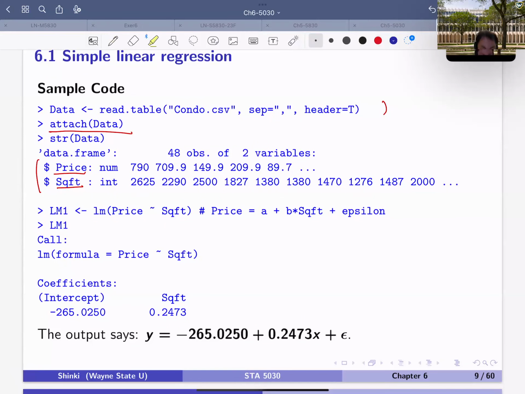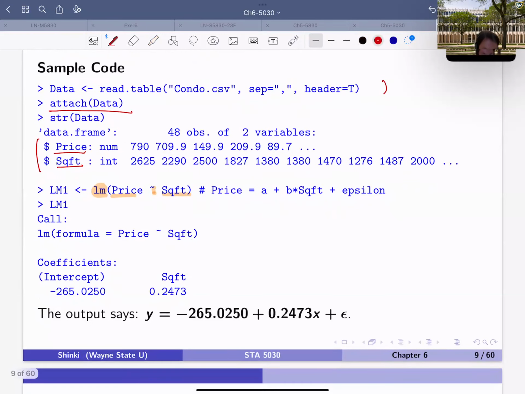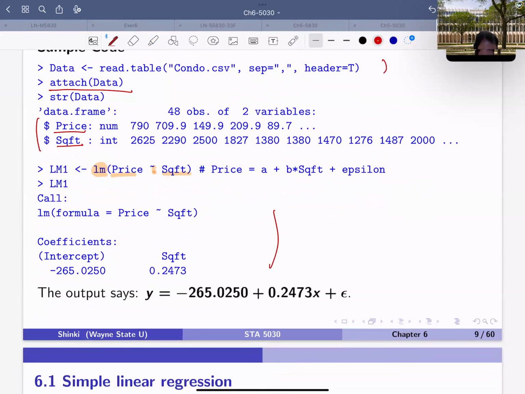And we put lm. lm is the code for linear regression. And then price, the tilde, and the square footage. Then we can run the lm model. Then we can get this result. So intercept a hat is negative 265, and b hat is 0.2473.